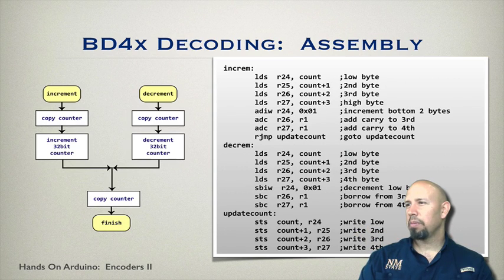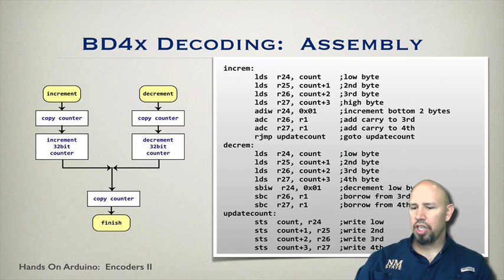That's important to be able to do. Once we've done either the increment or the decrement, we copy the counter. Here we're copying the values from registers 24 through 27 into the places associated with count, all the various bytes. And then we go to finish.